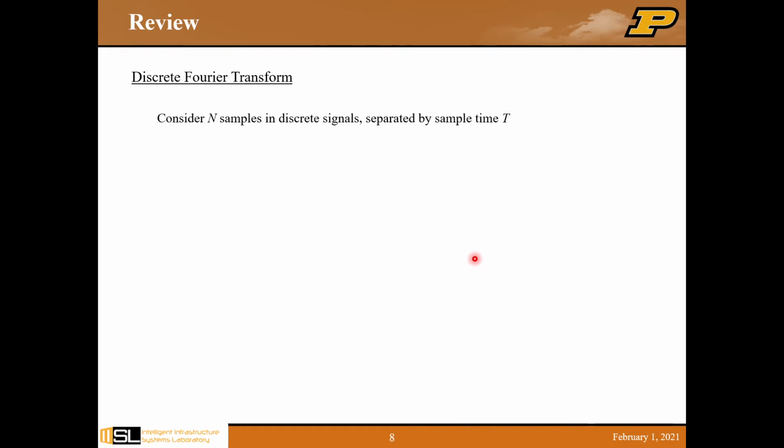Now let's look at the discrete Fourier transform. Consider that we don't have an infinite number of coefficients for this transformation.